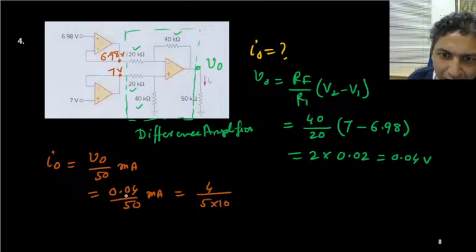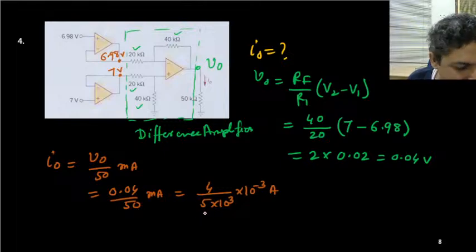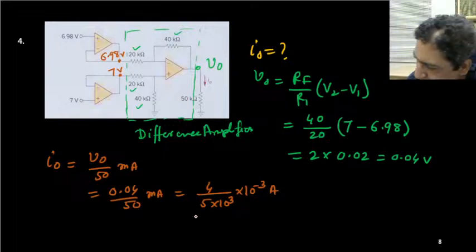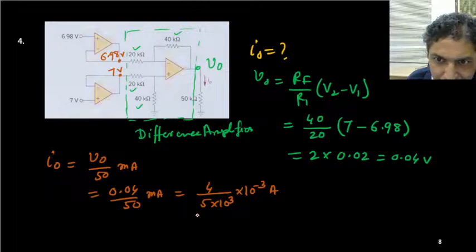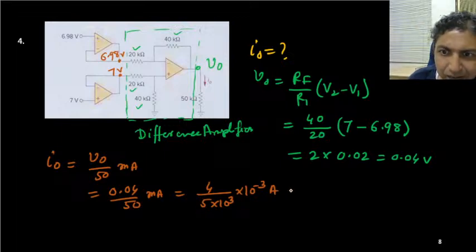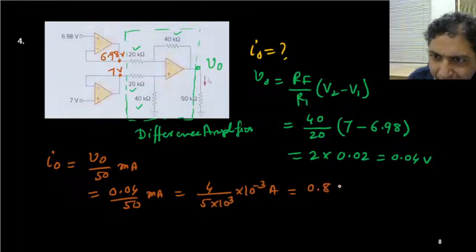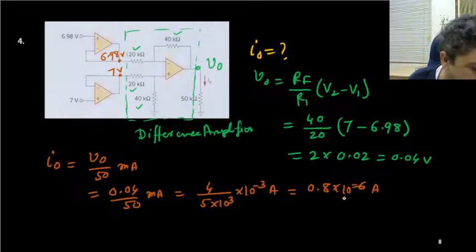So this 100 and this 10 to the power 3, and this is also 10 to the power minus 3, that much ampere. Okay. So 4 upon 5 is exactly 0.8, and it is 10 to the power minus 6 ampere. Yeah, exactly correct.